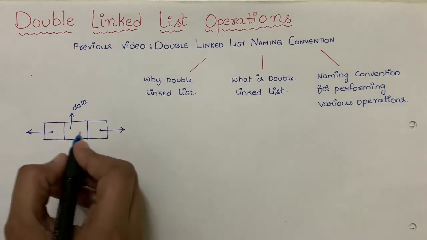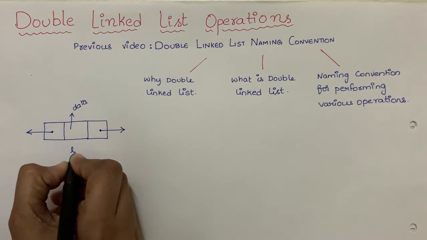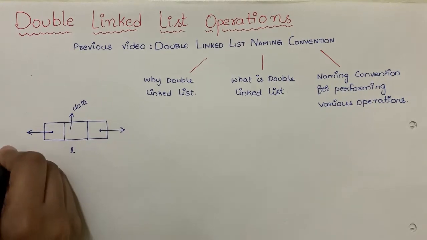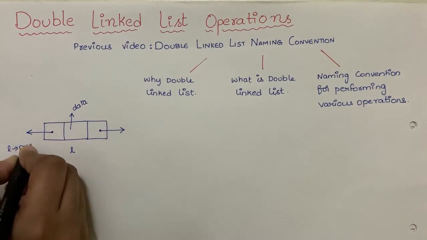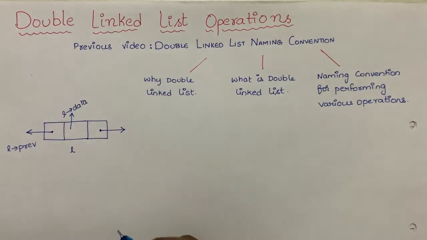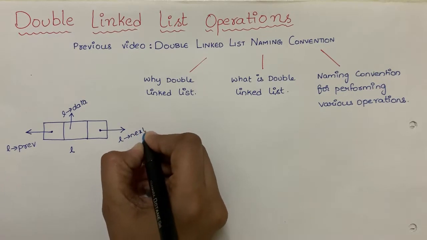Suppose the name of the node is L, then the first field name will be L previous, second field name will be L data, third field name will be L next.